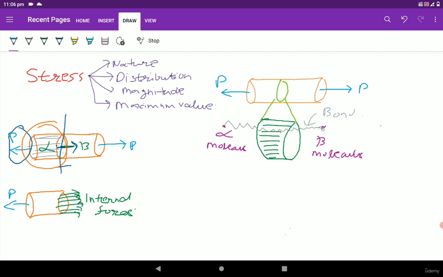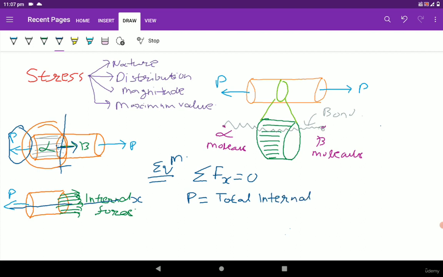So during equilibrium condition, summation of force in the x direction equals 0. That is the x-axis basically. So we can say that P is equal to the total internal resisting force.